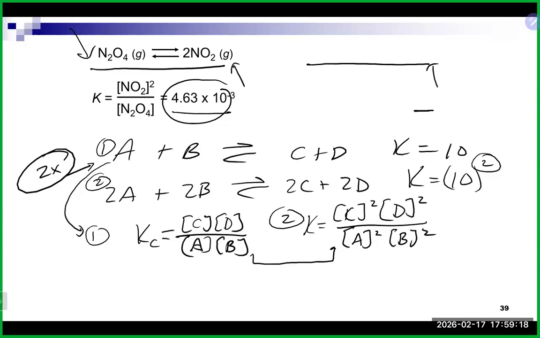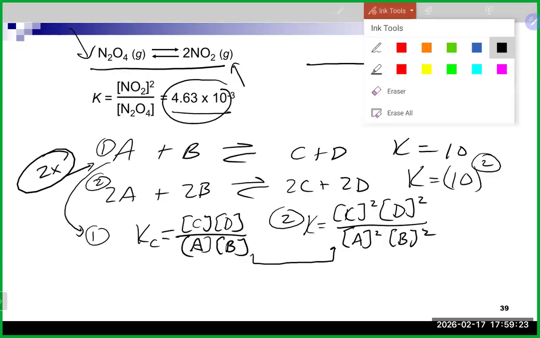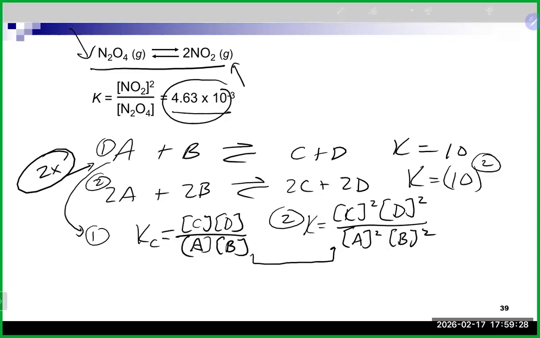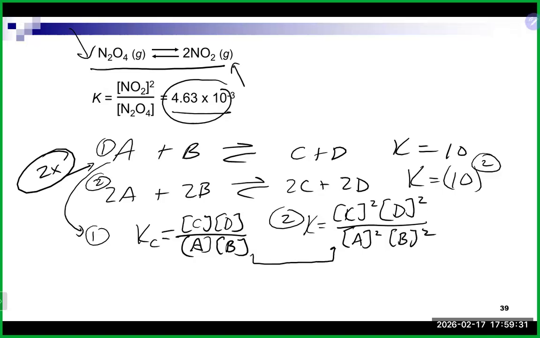Now, let's say the other thing that we do, which is maybe we're not multiplying by a common number, but maybe we actually need to divide by a common number. So let's just say, for example, here that we were actually starting with that second equation, and obviously that would be 100. So let's just say we were starting with this equation, 2A plus 2B goes to 2C plus 2D, K equals 100.